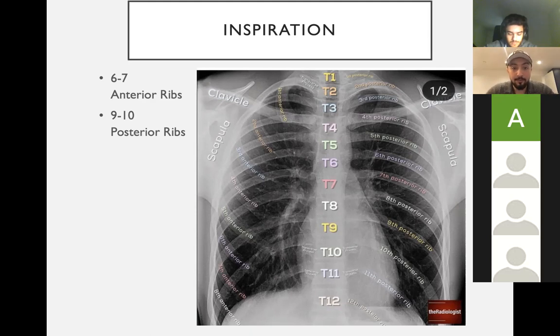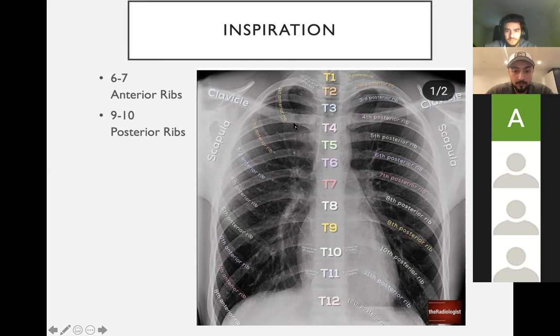To make sure the patient has taken that inspiration, you count the ribs. You can do it two ways. You can count the anterior ribs, as you can see here, the ones that are curved in the front. Or you can count the posterior ribs, which are on the right side here. Whichever works. Let's take the anterior ones.